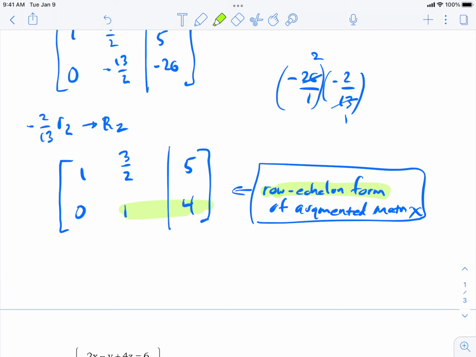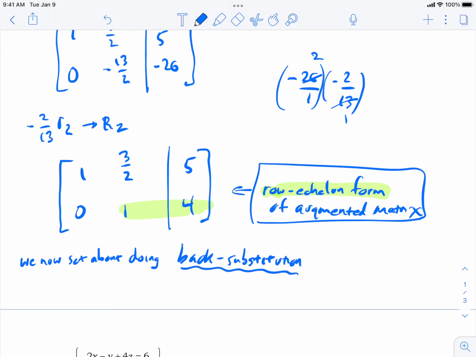One more word. Okay, so we now set about doing one more word. The word is called back-substitution. So this process of bubbling up to get the rest of your solutions, it has a name too, back-substitution.